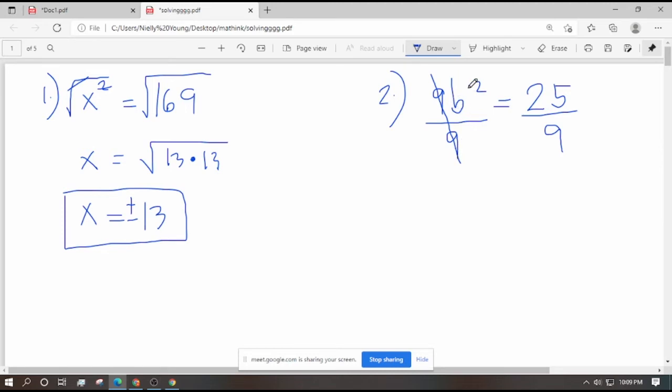So what remains is b squared, and then you copy 25 over 9. Then, let us apply the square root, just like what we did earlier. Apply it to both sides, so the 2 and the square root symbol cancel. So only b remains.